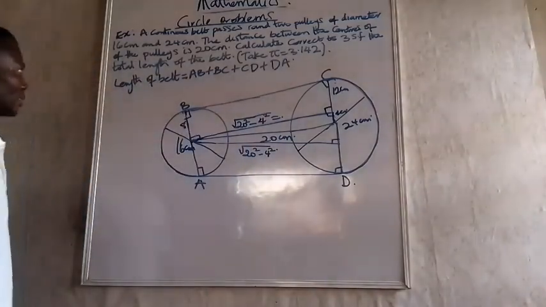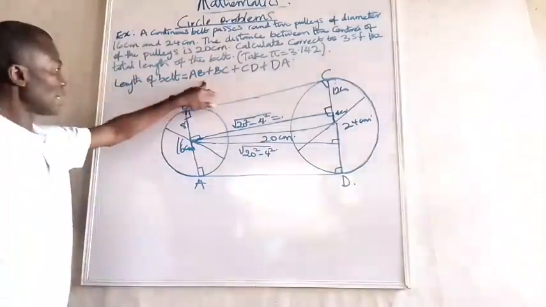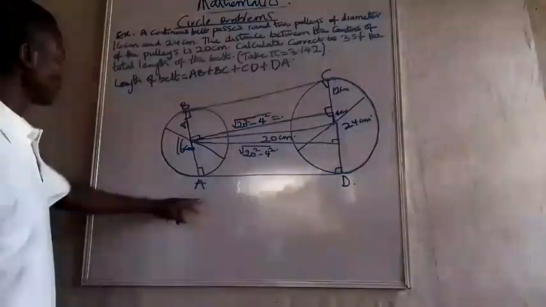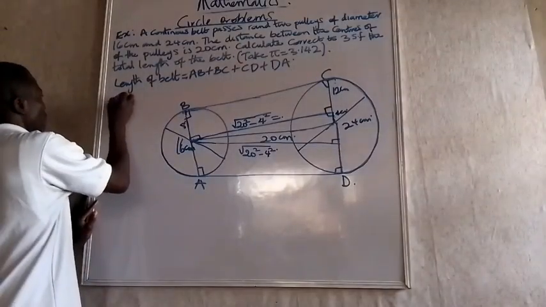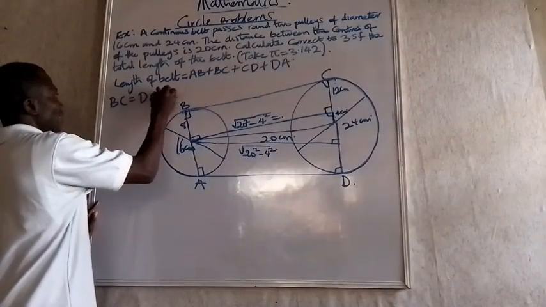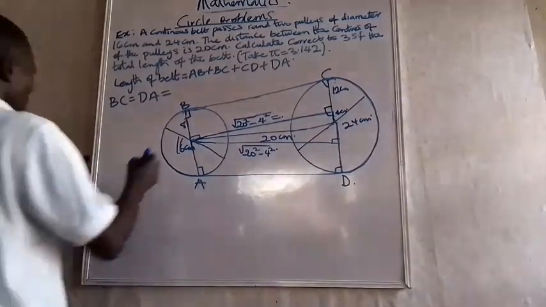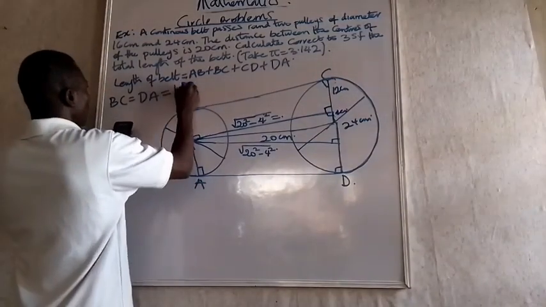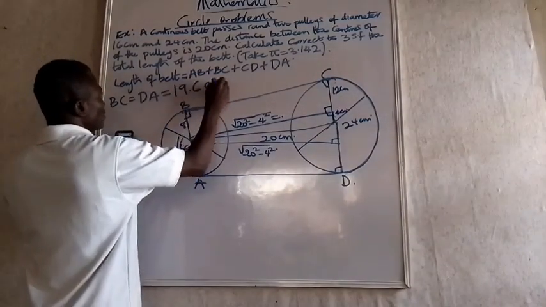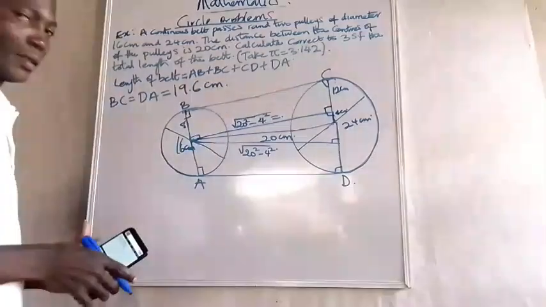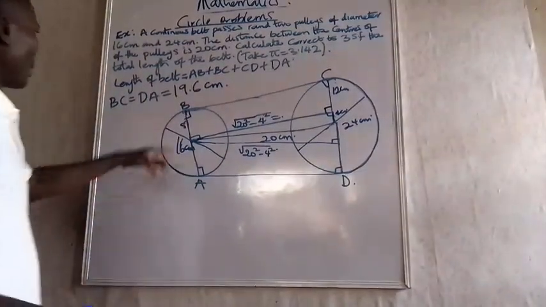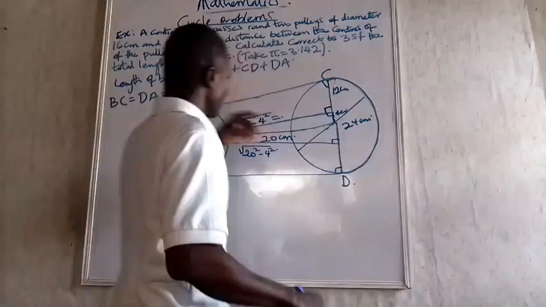Now, BC and DA you can easily get now. So BC equals DA, and this one gives me 19.6 centimeters.